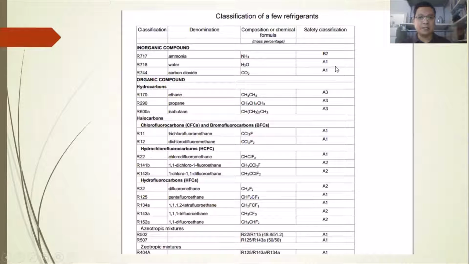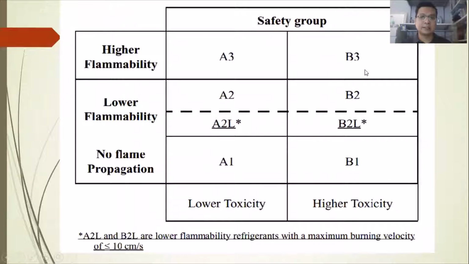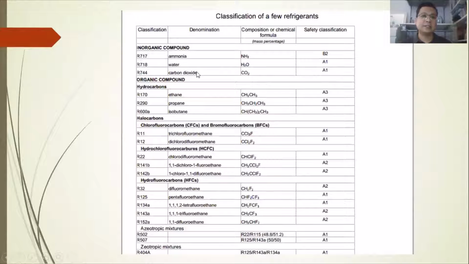If we see A1, A1 is no flame propagation, such as water and carbon dioxide, and the highly flammable ones are ethane, propane, and isobutane.